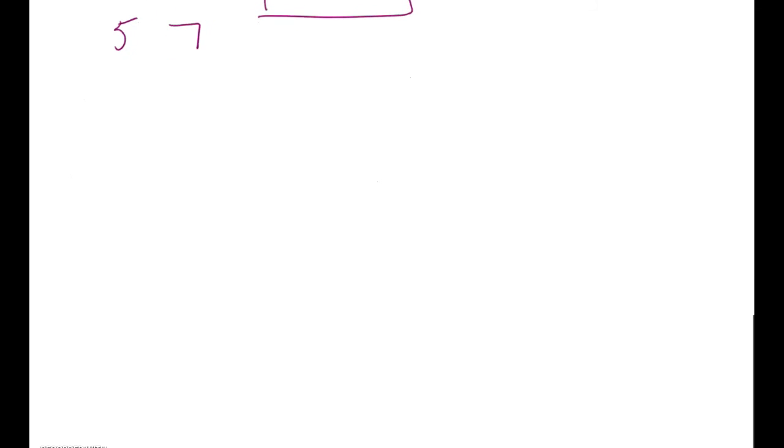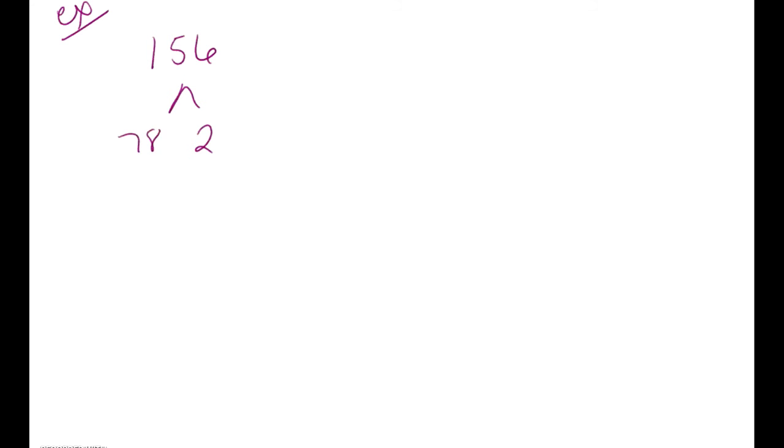Okay, I'm going to do one more for you. Let's do something big like 156. Again, if you're not sure but recognize that it's even, let's go ahead and do some quick math and see 2 times what equals 156, and hopefully you'll come up with 78.